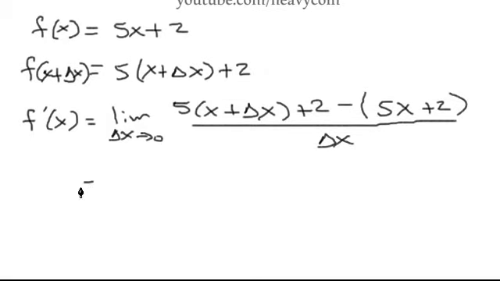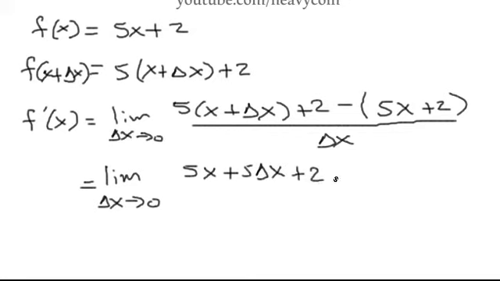Alright, what we'll want to do now is, I won't rewrite that, but we do always need to rewrite our limit. Delta x approaches 0. So let's clean this up here. We have 5x plus, distributing that 5 across, 5 delta x plus 2 minus 5x and then minus 2.